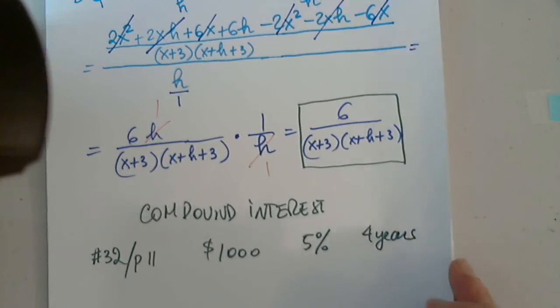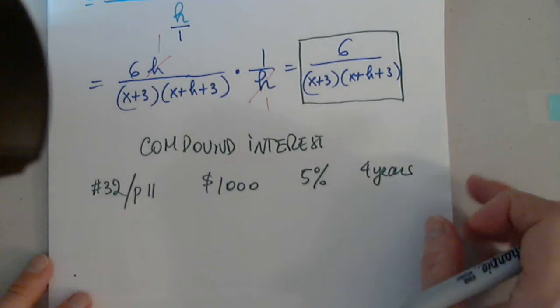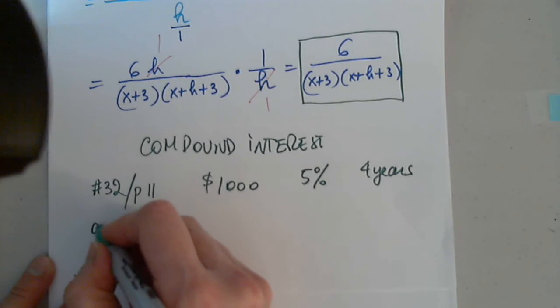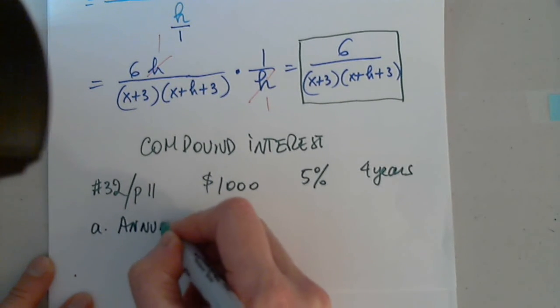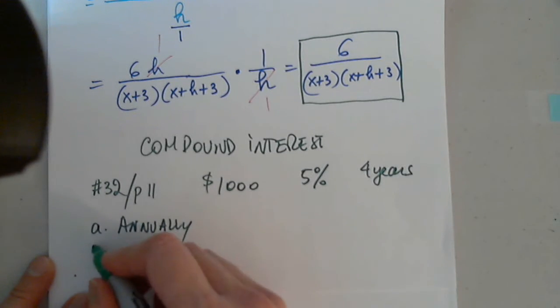Okay. And if the interest is compounded. So now I'm writing the options. So part A, annually. Part B, semi-annually.